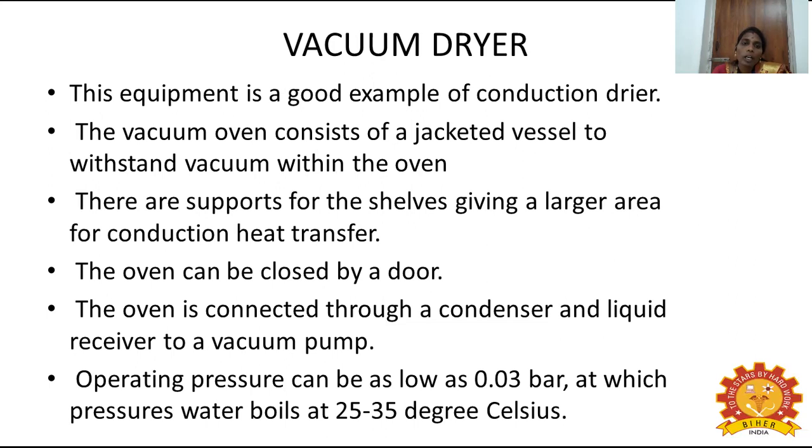The oven can be closed by a door, and this oven is connected through a condenser and liquid reservoir to a vacuum pump. Operating pressure can be as low as 0.03 bar, at which water boils at 25 to 35 degrees Celsius. Okay, vacuum dryer: this equipment is a good example of a conduction dryer. This vacuum oven consists of a jacketed vessel to withstand vacuum within the oven.